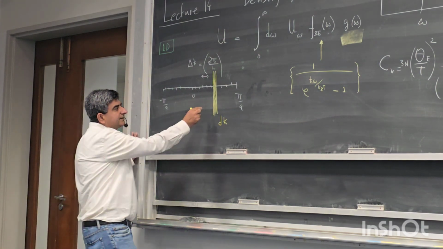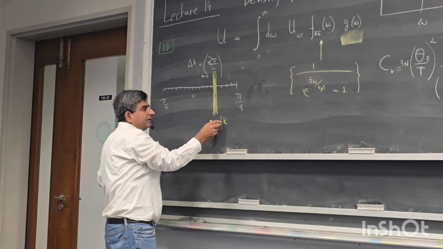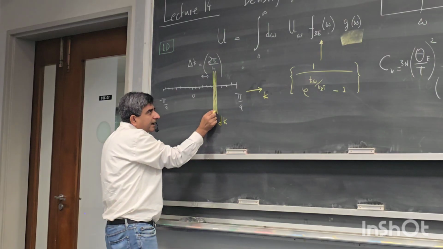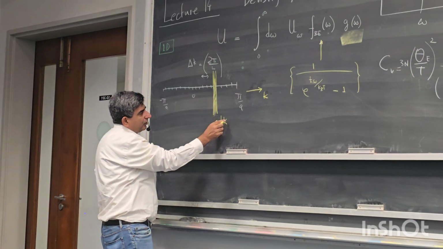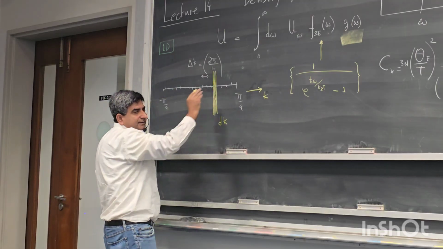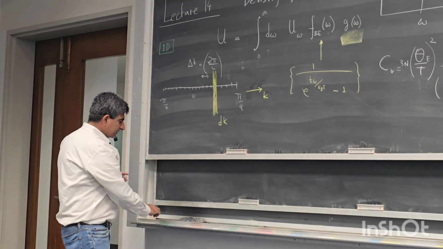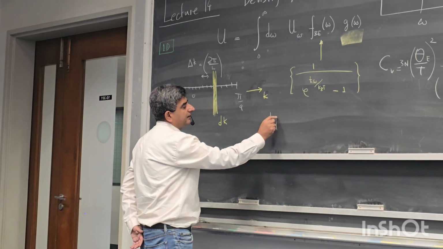So dk is some tiny veneer of a section of this one-dimensional solid. This is, by the way, the k-axis. So this is a tiny, infinitesimally sized section of this k-axis, and we want to find out how many modes exist inside it. Suppose the number of modes inside this tiny veneer is dn.